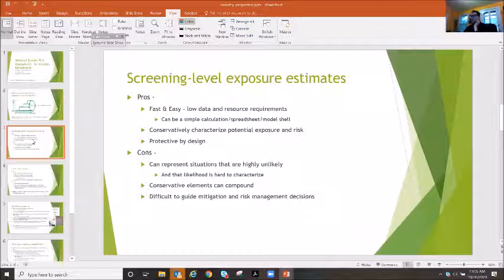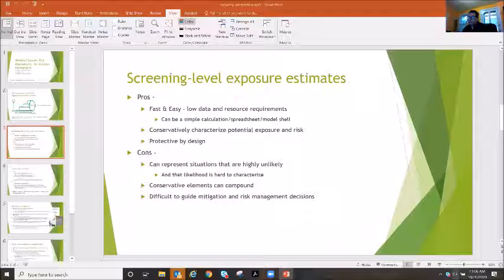Okay. All right. So we talked about this a bit, probably in both of them, and the advantages, of course, of a screening level. And Trip said this right up front: if you can screen things out at this very simple level, then you're done in terms of assessing the risk.